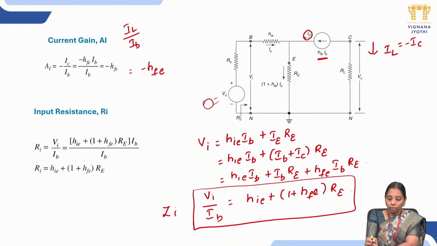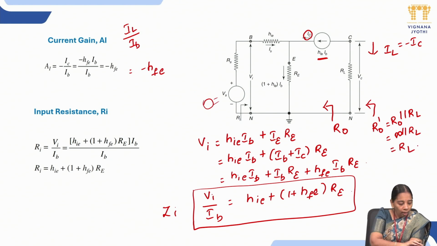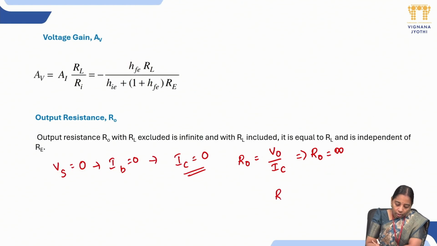So till here we got the output resistance as infinity. Till here it will be R0 dash, which is equal to R0 parallel RL, means infinity parallel RL. Whichever is the lowest resistance will be the equivalent. So obviously R0 dash will be equal to RL.